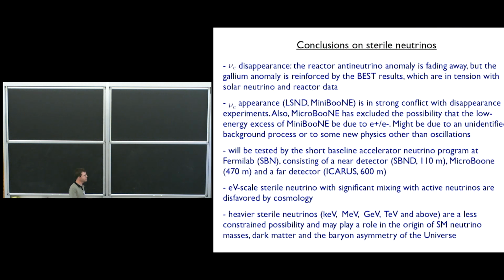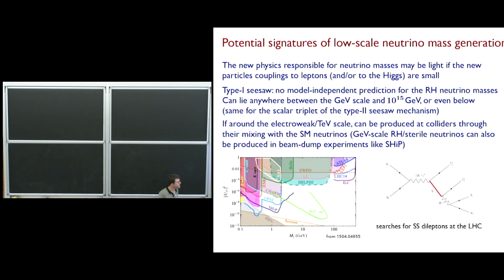And now I'm going to move on to heavier sterile neutrinos, which have nothing to do with those anomalies and that are not yet excluded, namely in the GeV-TeV range. So the so-called heavy neutral leptons. I'm interested here in the potential signatures of low-scale neutrino mass generation.